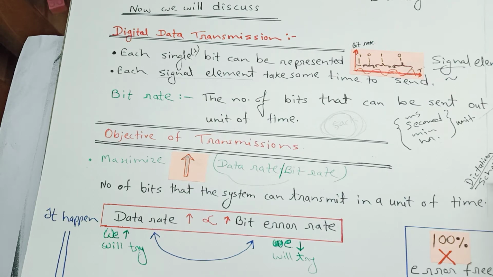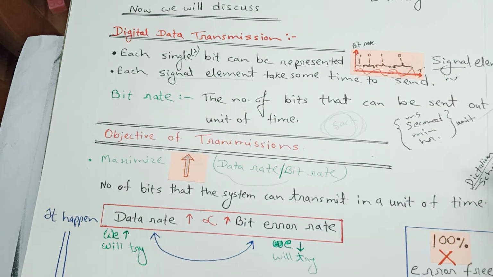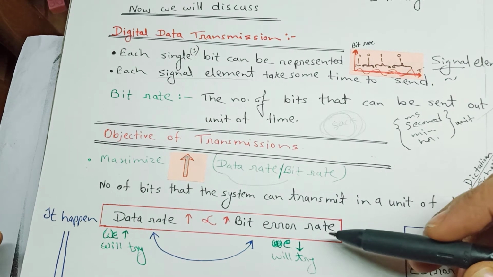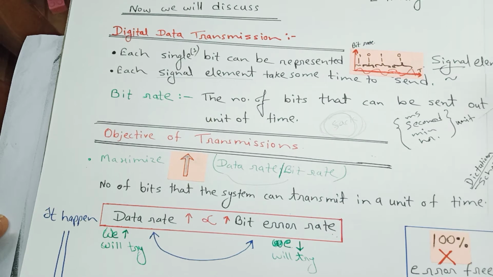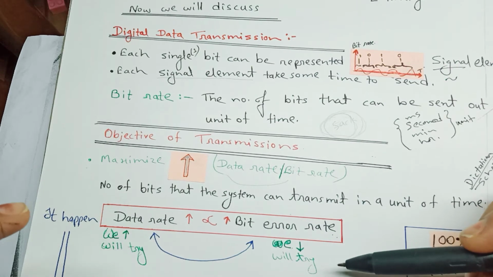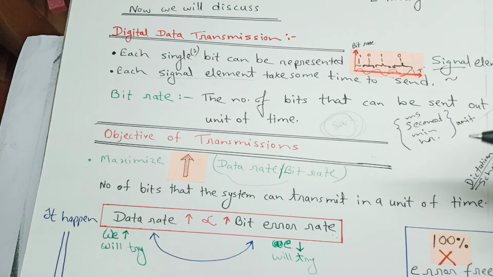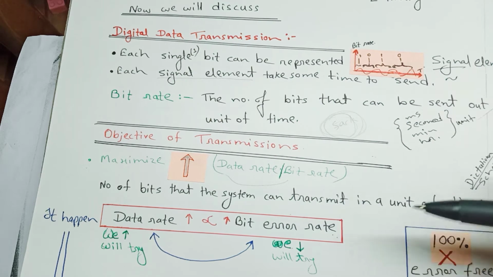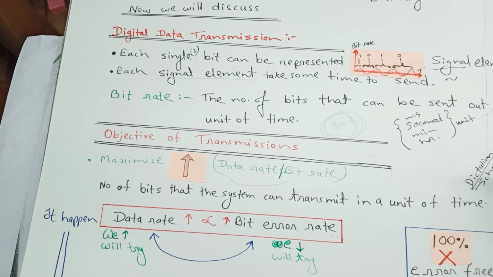If the teacher is dictating only 5 lines, then the error count is 2 or 3. But if the teacher dictates 2 or 3 pages, then you will observe that your error rate is increasing. So in our daily life we observe that the more data we use, the more the rate of error increases.